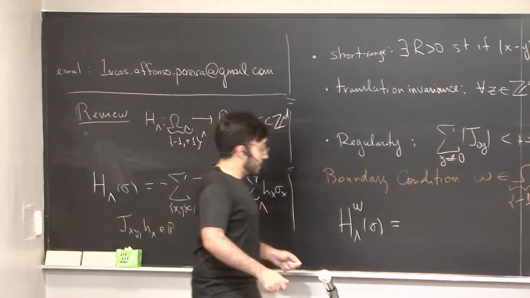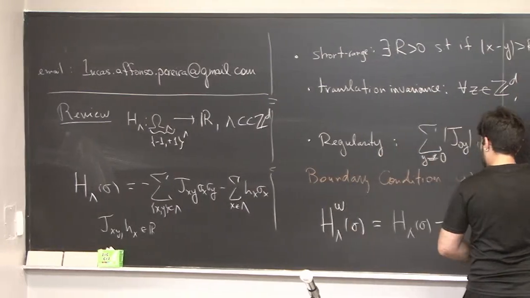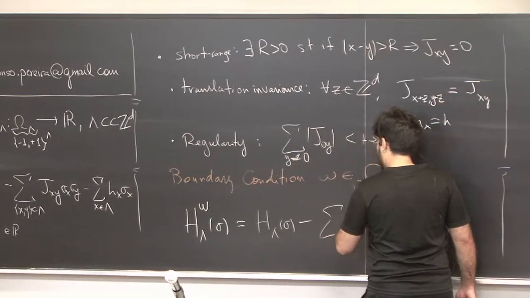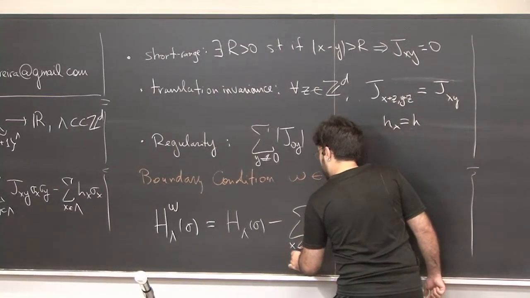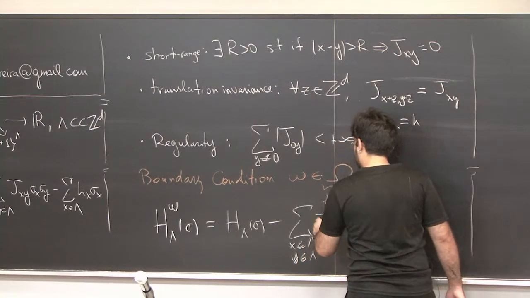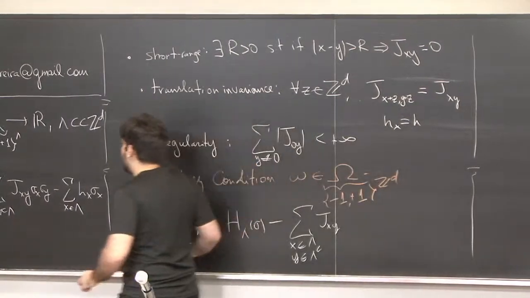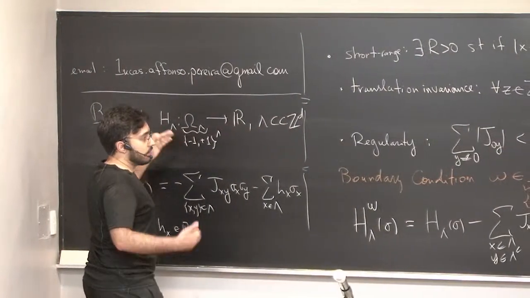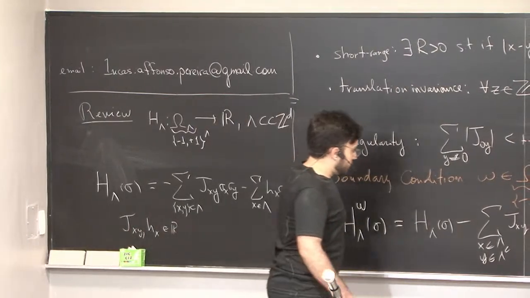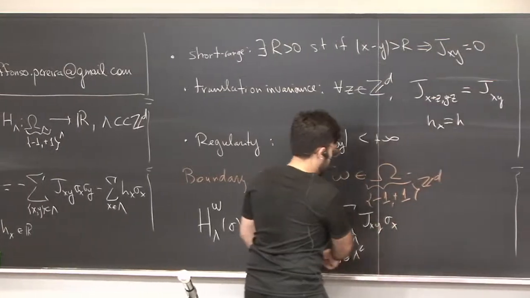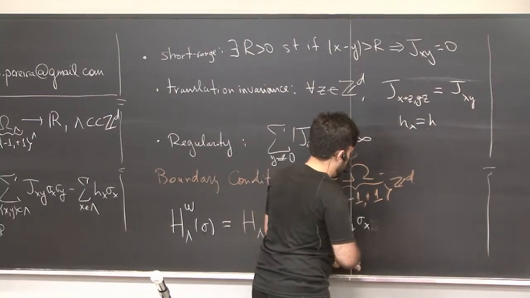This is the empty boundary condition, or the free part of the Hamiltonian. And you subtract a contribution from outside. But since the configuration is not defined in every Z^d, it's only defined on the finite set Λ, you need to complete what happens outside, and outside you choose ω_y.